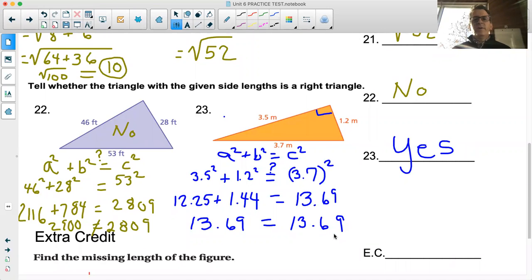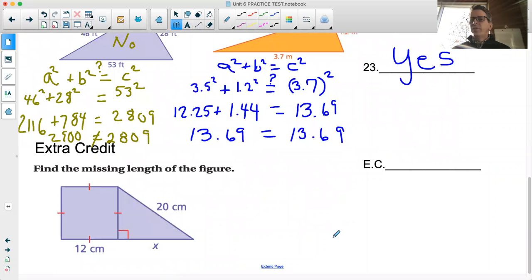That brings us to our last question on the third page, the extra credit. It says find the missing length of the figure. So you have yourself a figure here, basically a square. The reason I know it's a square is because we've got these little markers here. Everything's one mark, so we know that this side is 12.